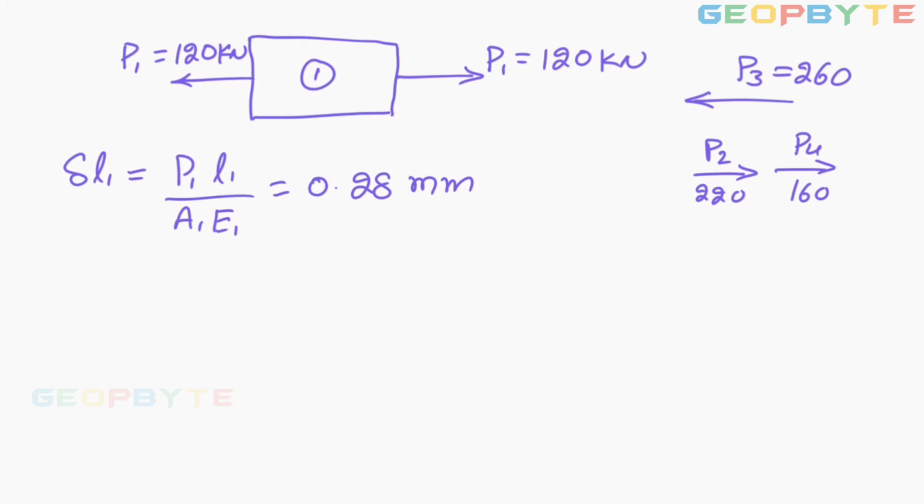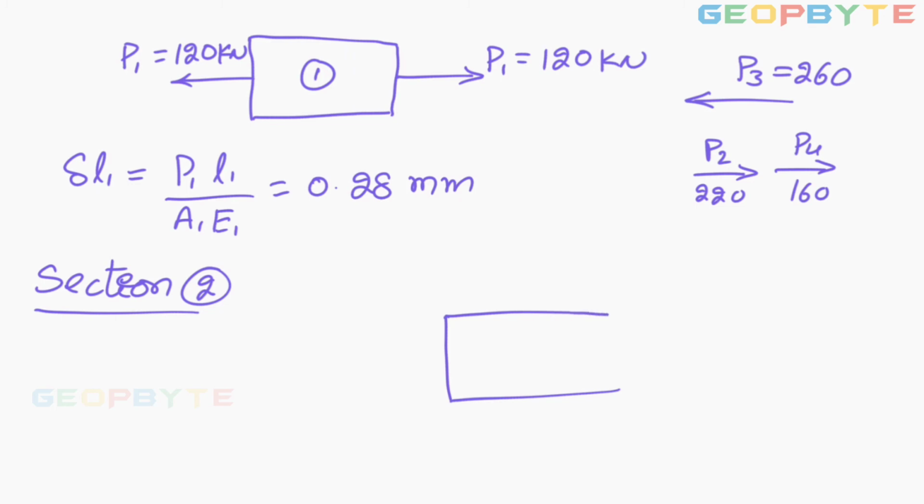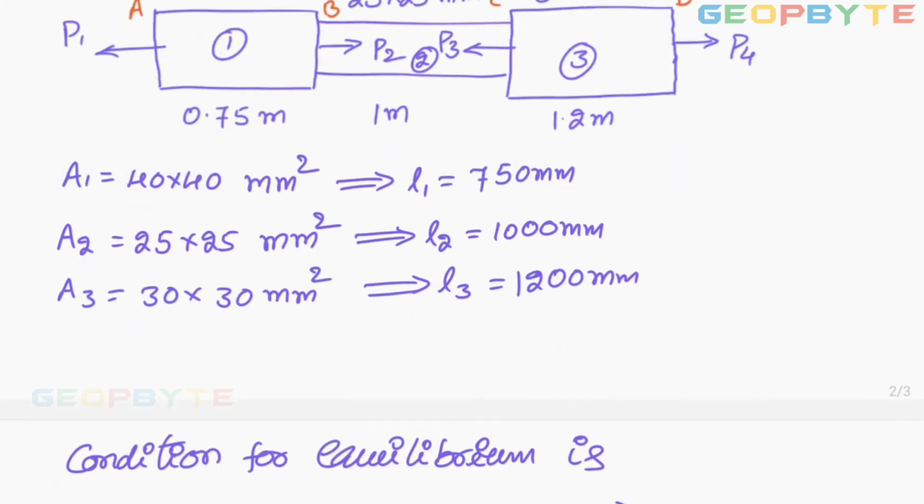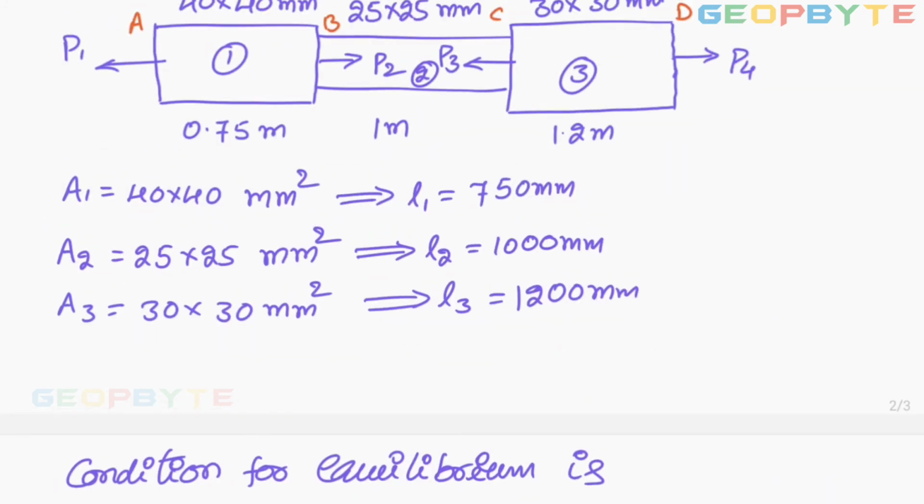Similarly, let us take section 2. The section 2 is like this. This is section 2. With respect to section 2, let us count the forces. Let us take the right hand. With respect to right hand, P4 is acting away from the right hand, P3 is acting towards the right hand.